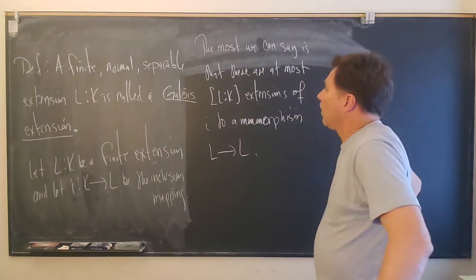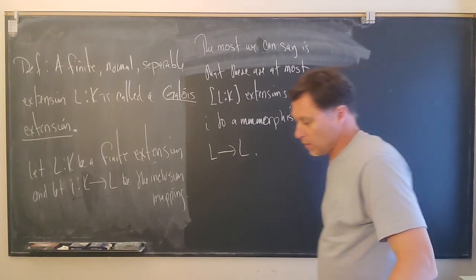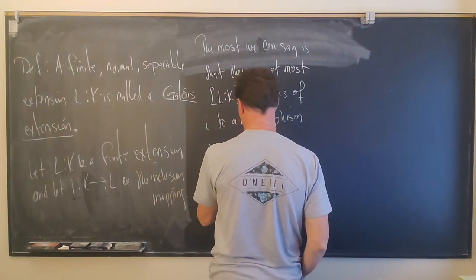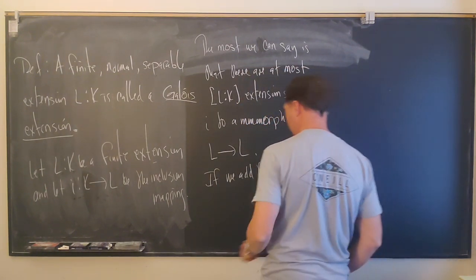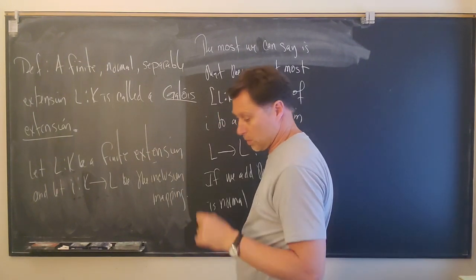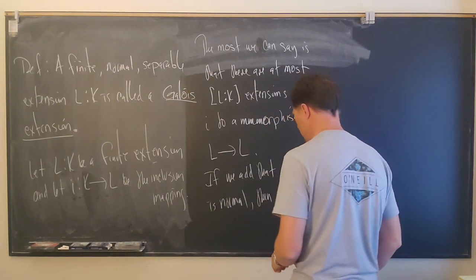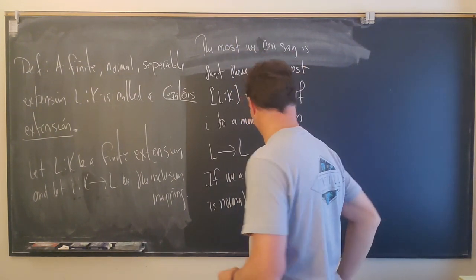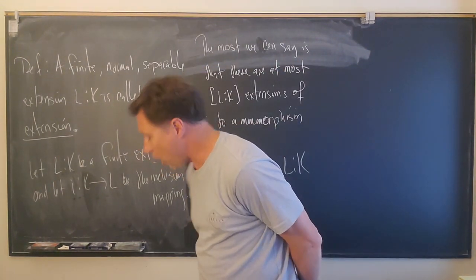Okay, now what if we add normality? If we add that L over K is normal, what does that mean? It means in part that every element is algebraic. Let me write it down.